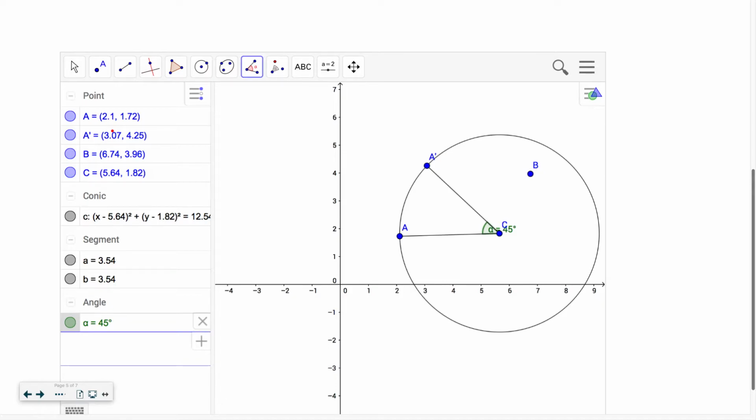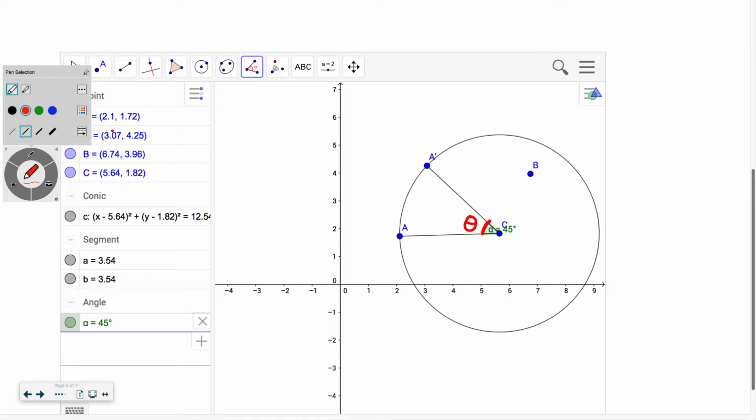I've rotated A clockwise 45 degrees. Now here is my angle of rotation, which is theta. Here's my angle, theta. And we know that theta is 45 degrees in this case, all right?